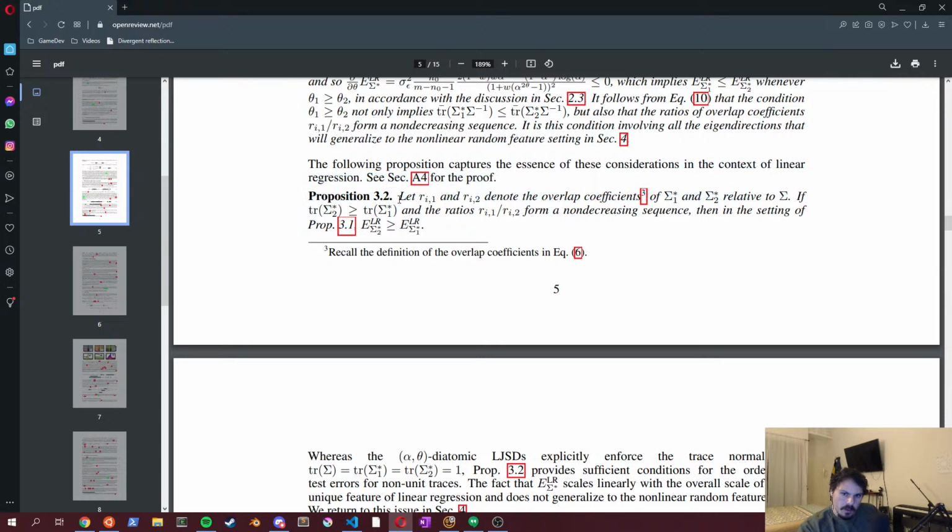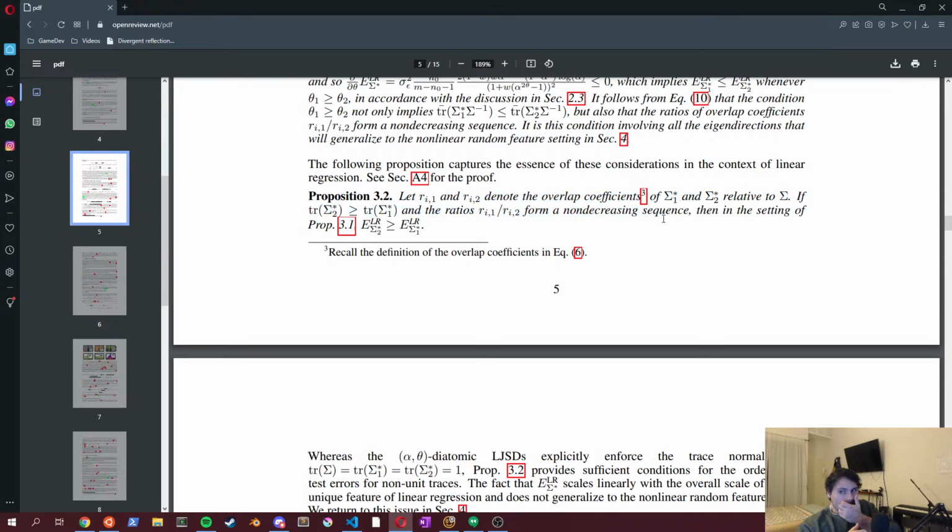Okay, proposition 3.2, let Ri1 and Ri2 denote the overlap coefficients of some test sets 1 and 2 relative to the training set. If the trace of the covariance matrix for set 2 is greater than the trace of the covariance matrix for set 1, then the ratios Ri1 and Ri2 form a non-decreasing sequence.